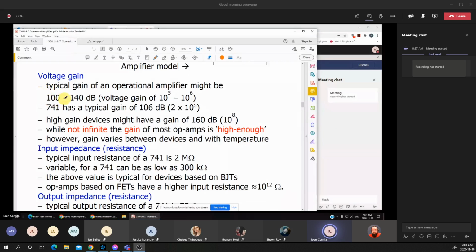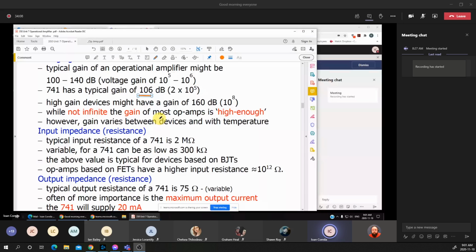Usually for the 741, we may see something around 100 dB in voltage gain. And you may see 106 dB as a typical value, in this range, with a mean of 90 or 95, and a maximum of 108, 112, 110. But anyway, that's the typical value for a 741 in terms of the gain.